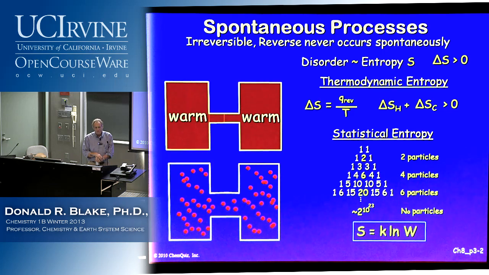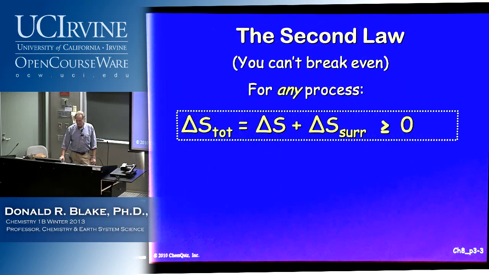And delta H is the heat that's given off. But that doesn't always tell you whether something is spontaneous or not. And then we have our entropy, which is not always so easy to tell whether something got more entropy or not. So we got a bit of a dilemma.